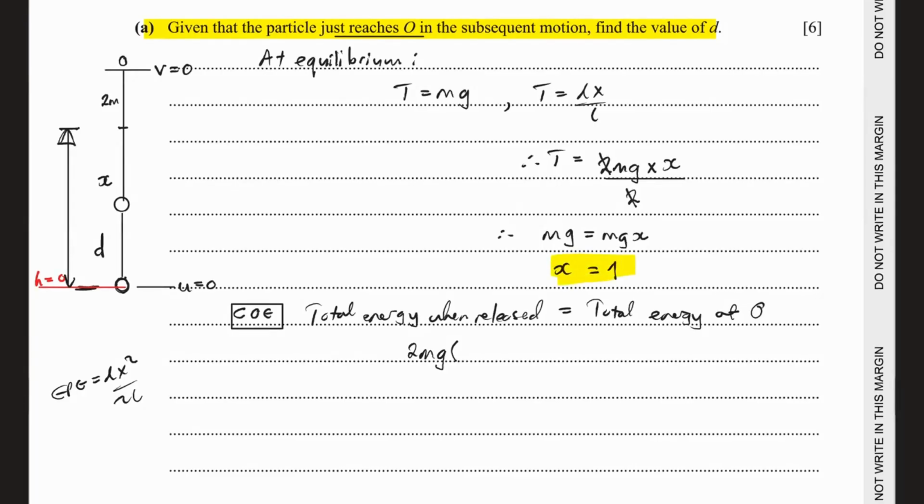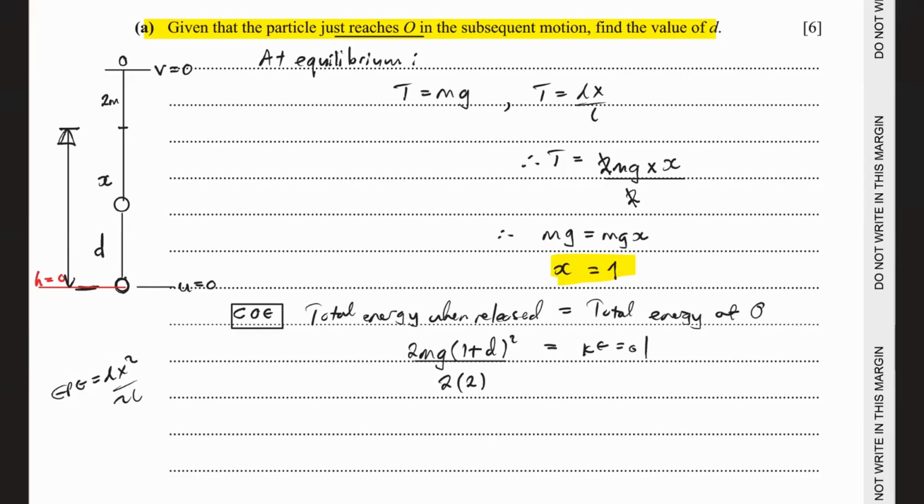So it's (1 plus d) squared, and that's over 2 times the natural length, so 2 times 2. This is equal to the kinetic energy at O. At O, the kinetic energy is 0, because it just reaches O. So it will be having a final kinetic energy of 0.